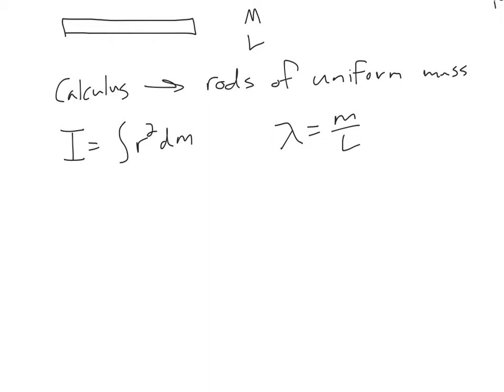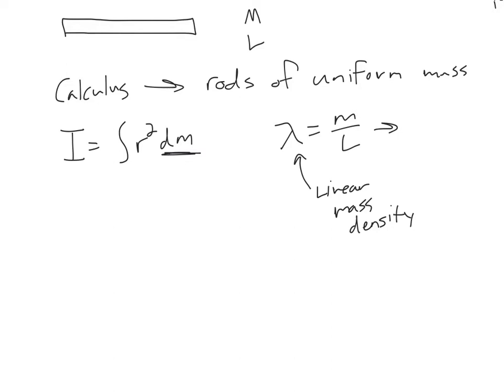I don't believe this is on the reference table, but you have seen this before. I mentioned that this was the linear mass density. Now, for a rod of uniform mass, this linear mass density is constant. So what we can do is replace this dm.